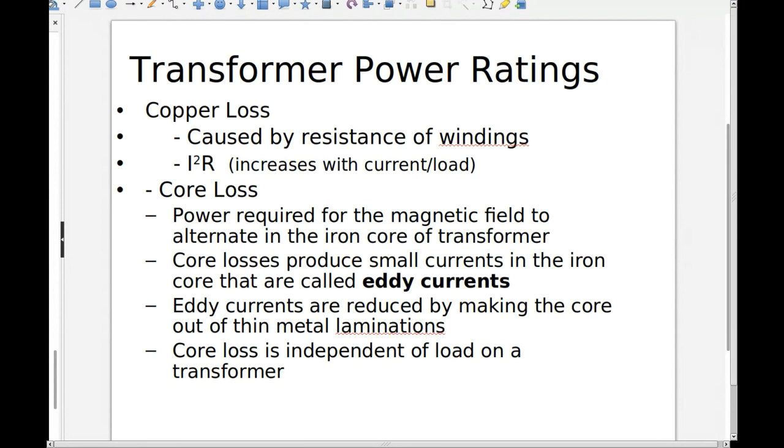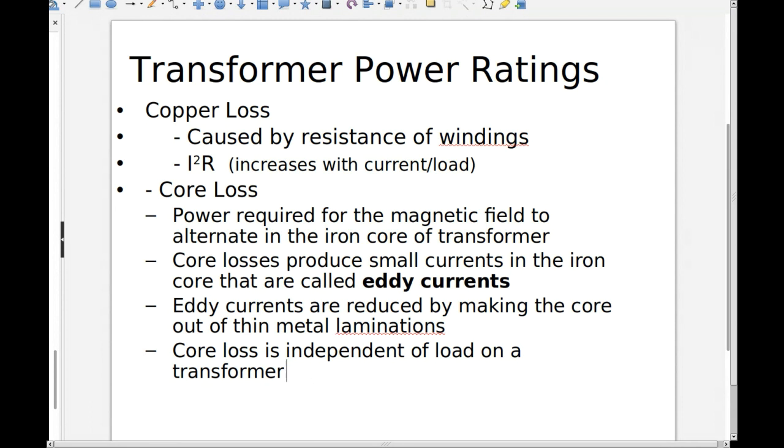Okay, so Andrew, you're asking, is the lower current due to the fact that there's more winding? No, the lower current is due to the fact that power in is equal to power out. And so the voltage went up, the current goes down.